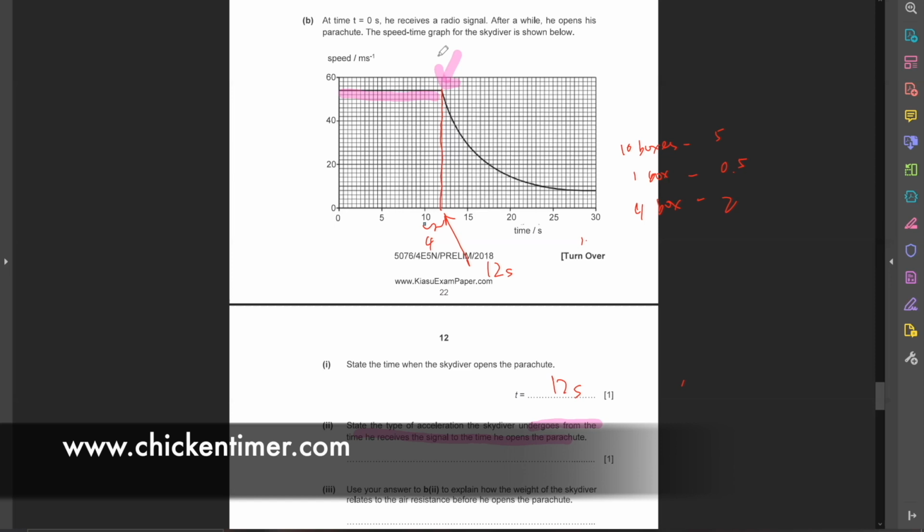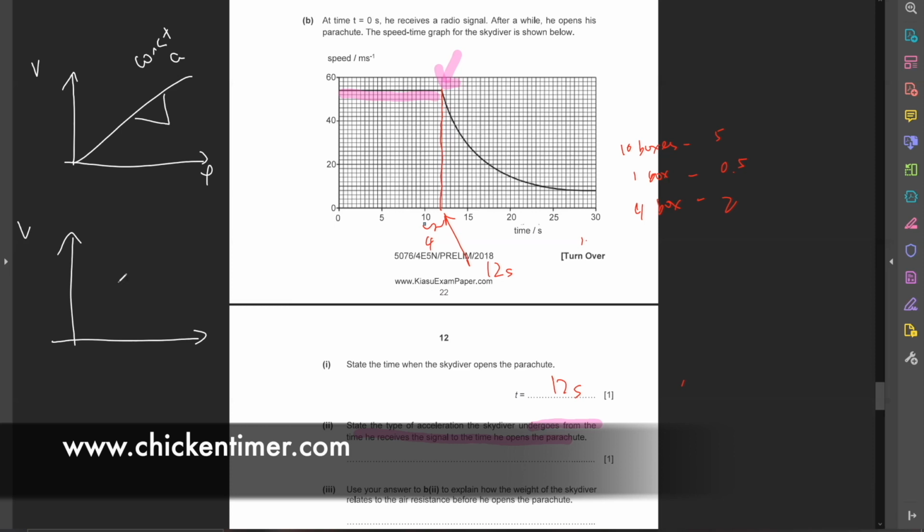Constant acceleration in a VT graph is a straight line. So in a VT graph like that, this is zero acceleration.